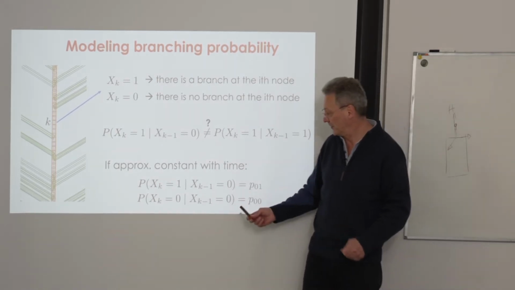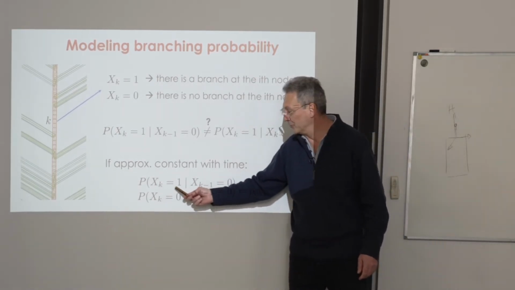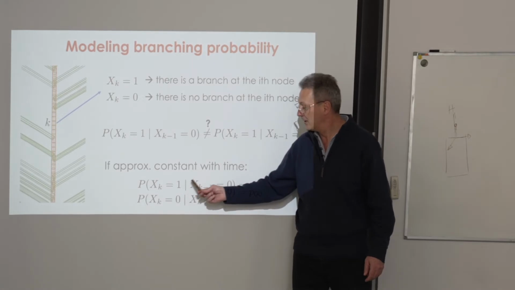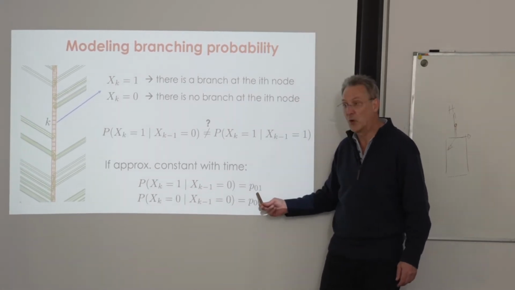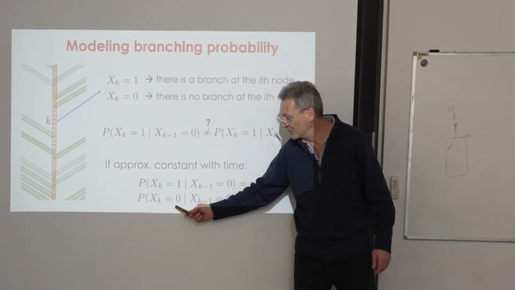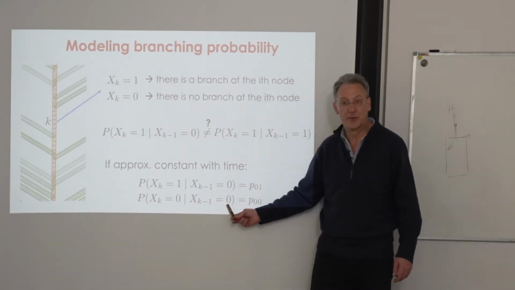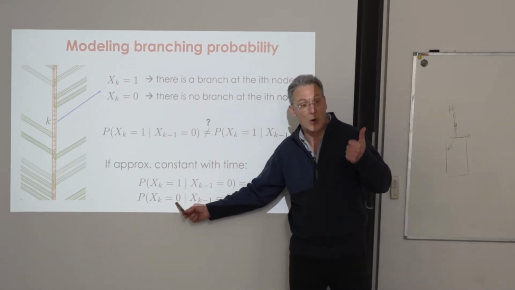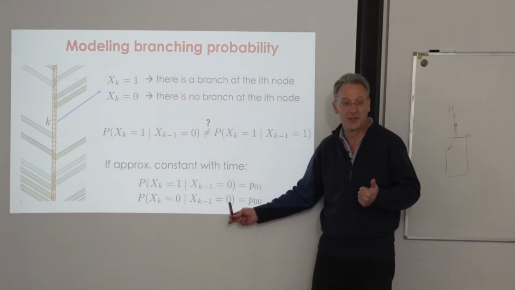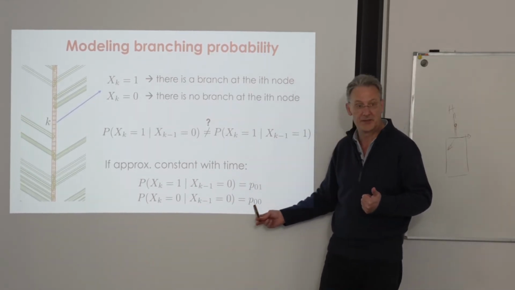And of course, the probability of observing a leaf knowing that there was no leaf before is 1 minus p00.